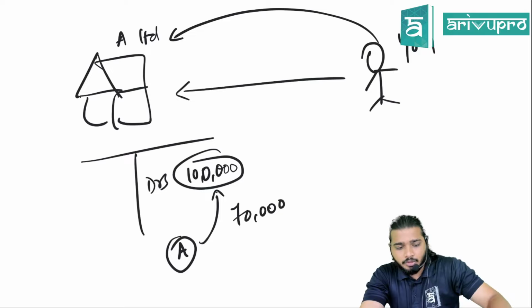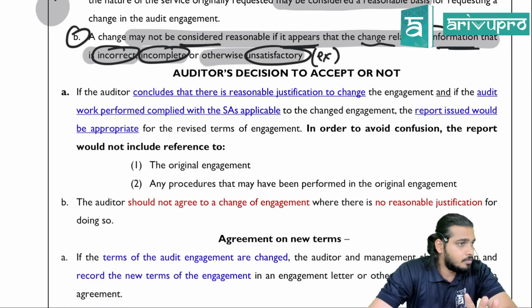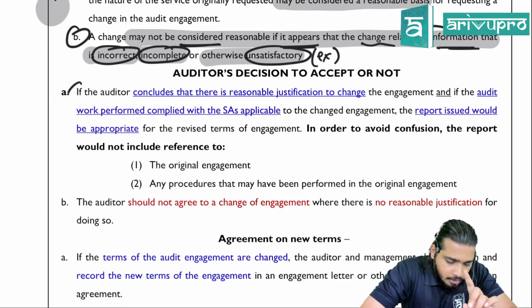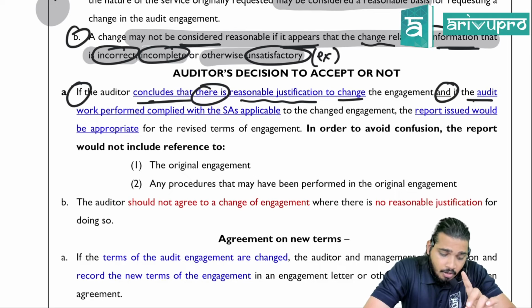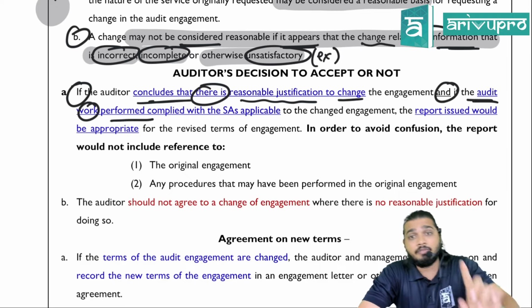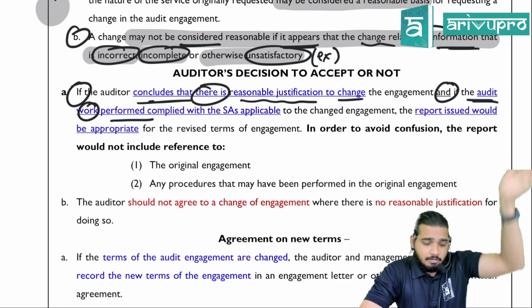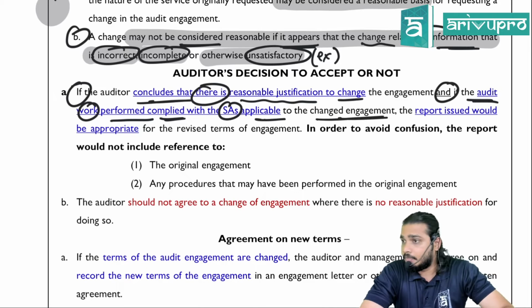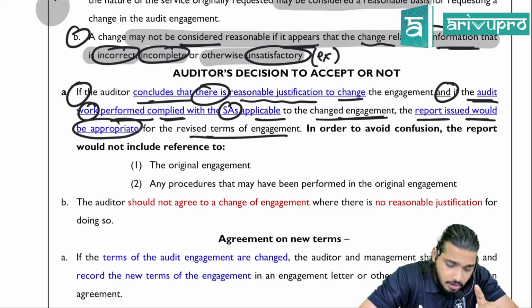Now the question is, should I accept it or not? This is where your decision comes in. Should the auditor accept or not? Number one, if the auditor concludes that there is reasonable justification to change, and if the audit work performed, past tense or present tense? Past tense, meaning old work, complied with the SAs applicable to the changed engagement, then the report issued would be appropriate for the revised terms of engagement.